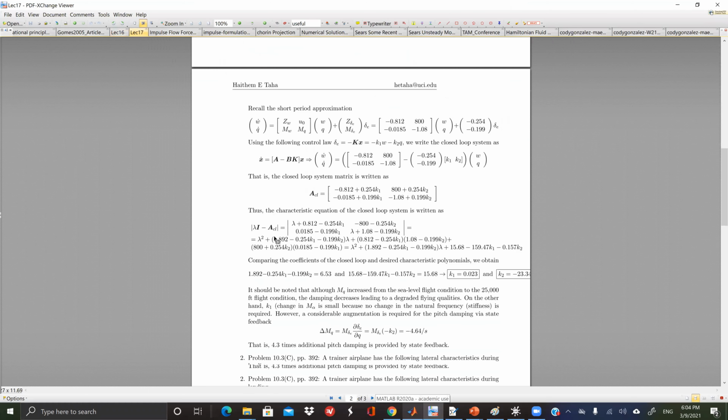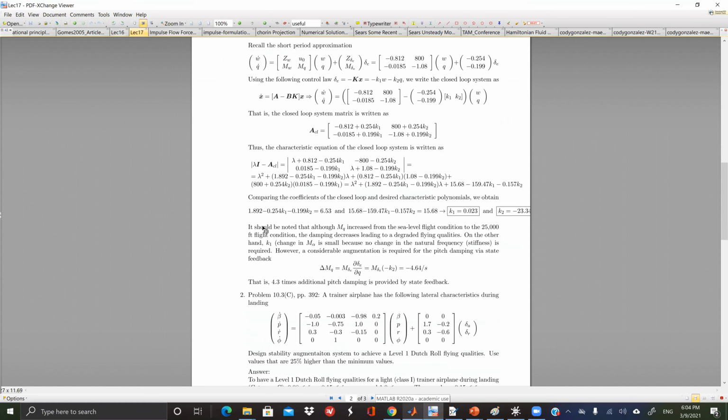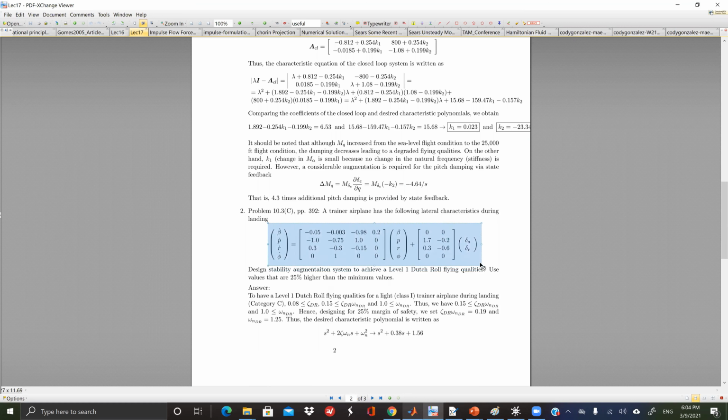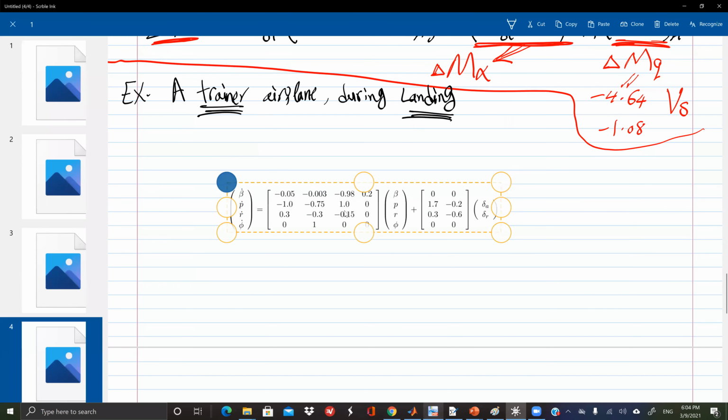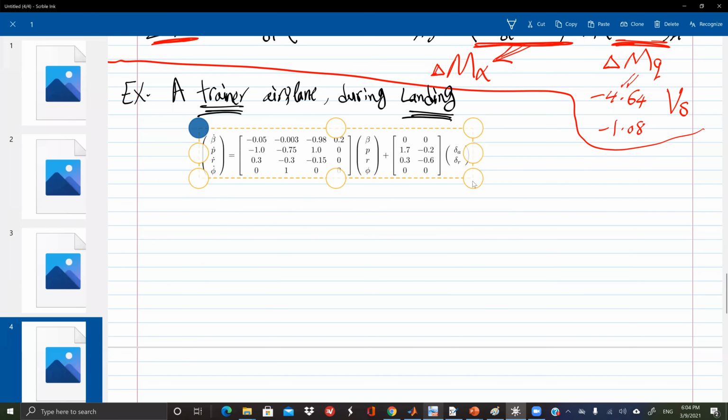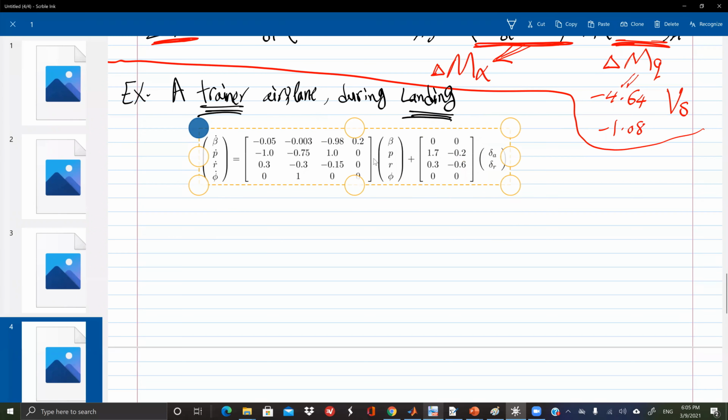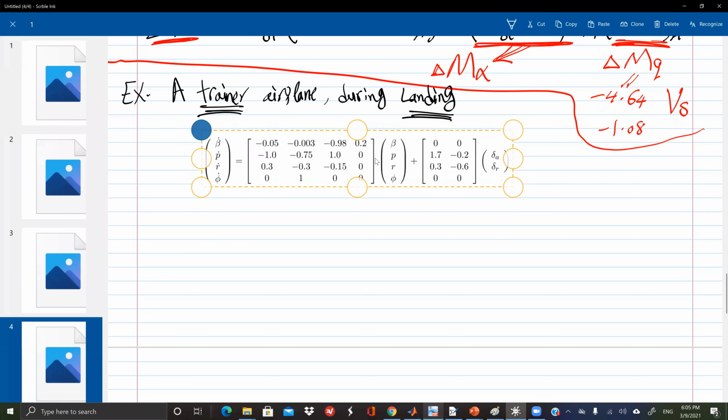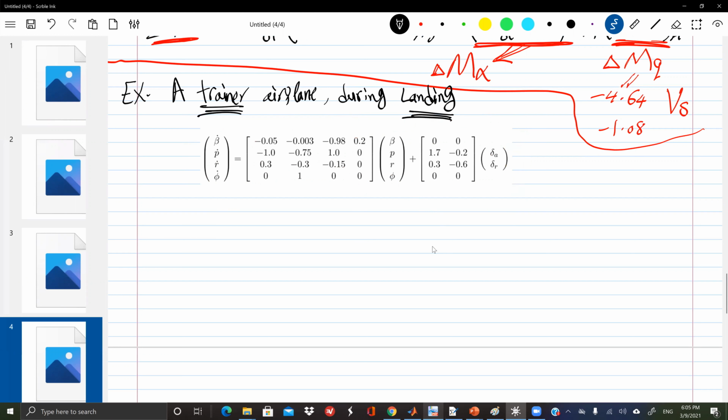Again, the lecture notes are a bit detailed, so you can rely on them. And here are the characteristics. So this is lateral flight dynamics, and it's your task to extract the Dutch roll out of it, or the roll, or the spiral, whatever. But mainly we'll be concerned with the Dutch roll, okay? So we'll see how to do it.